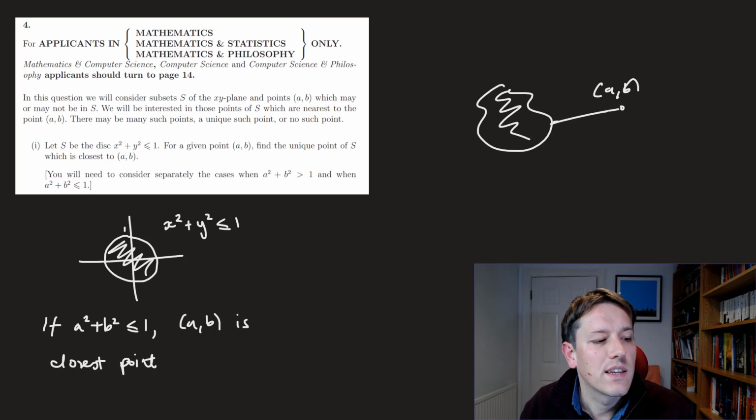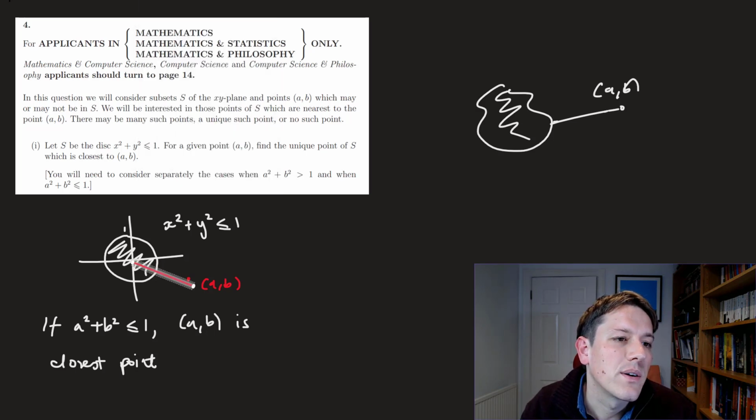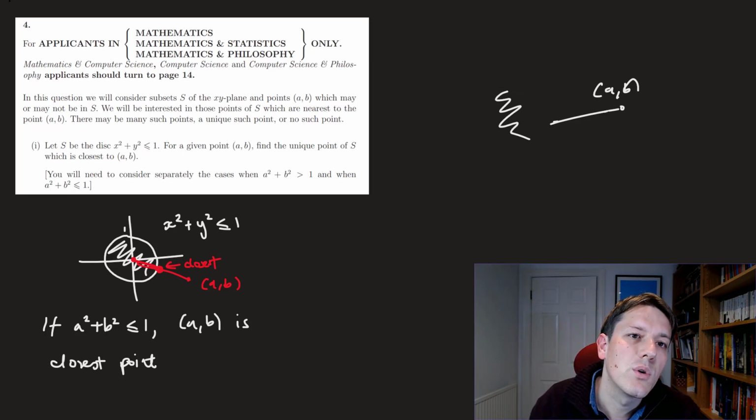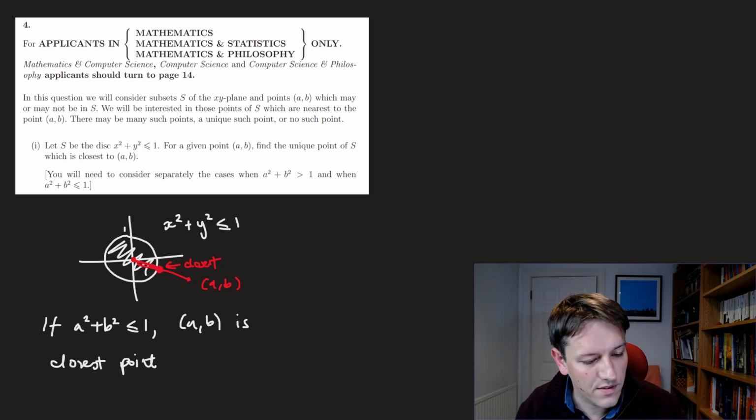So the only case that's at all challenging here is if I take the point (a, b) somewhere outside of the circle. Then we can see that clearly the closest point is going to be where the straight line through the origin intersects the circle. So we'll just work out the coordinates of that point.